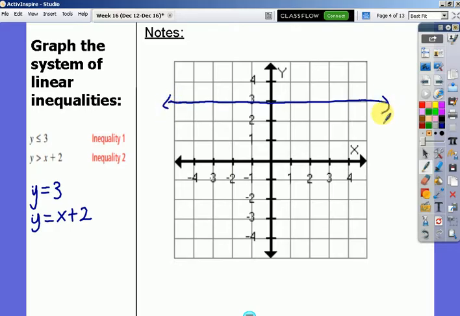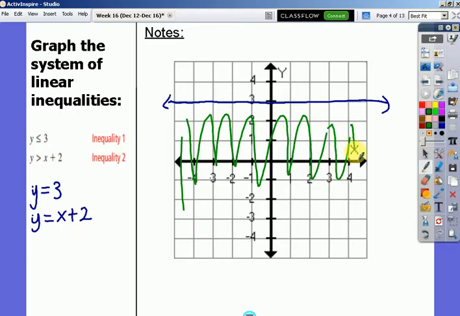It's pointing away from the y. So will that be shaded up or down? Down, below the graph, right? So, with another color here, I'm just going to shade below my graph. Again, you can use the test point system if you want to, but you don't have to. So that's the solution to one of my linear inequalities.